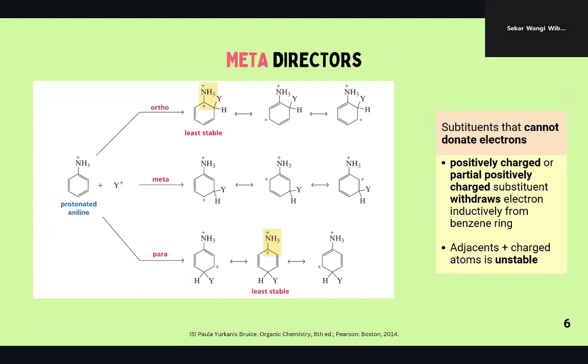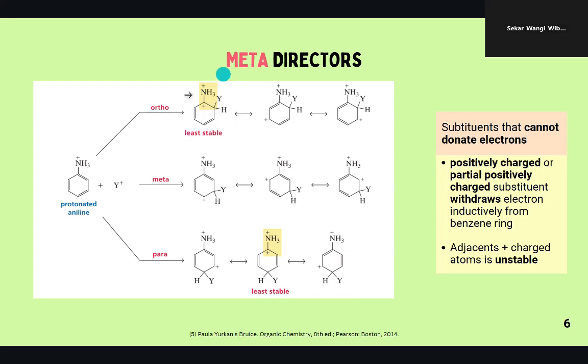The next one is meta directors. These are substituents that cannot donate electrons. For example, here is protonated aniline. In this example, the positive charge is sitting on the nitrogen substituent. When you attach an electrophile especially in the ortho and para positions, you can see that it creates a resonance structure in which a positive charge is sitting next to the positive nitrogen atom.